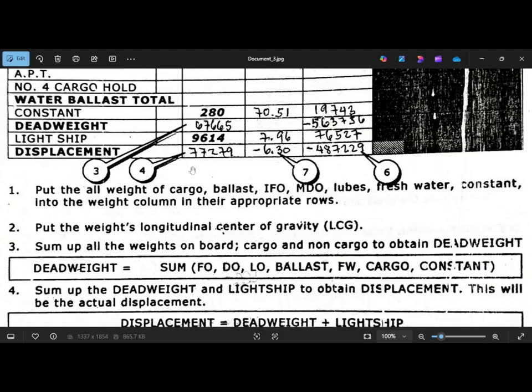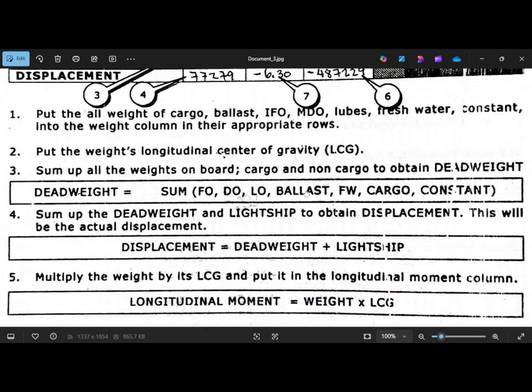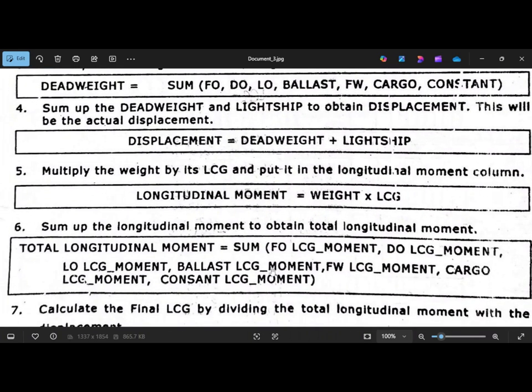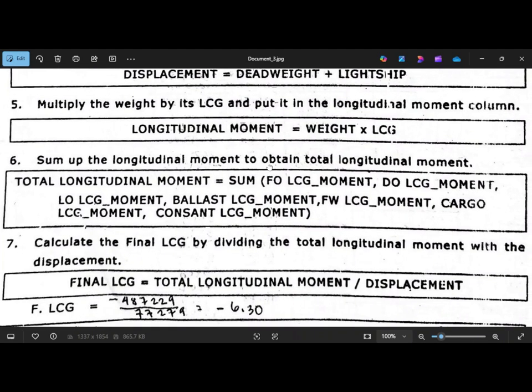So this is your displacement, total displacement, and LCG moment. In number 7, calculate the final LCG by dividing the total longitudinal moment by the displacement.